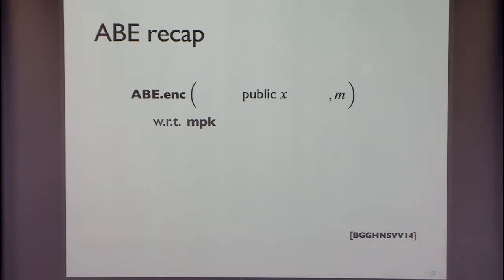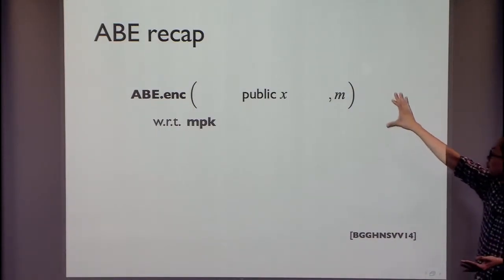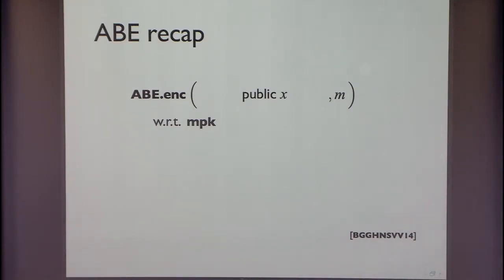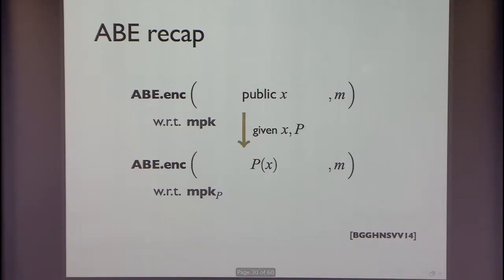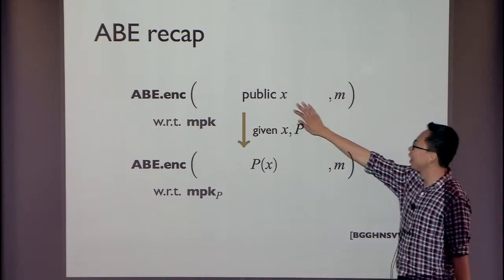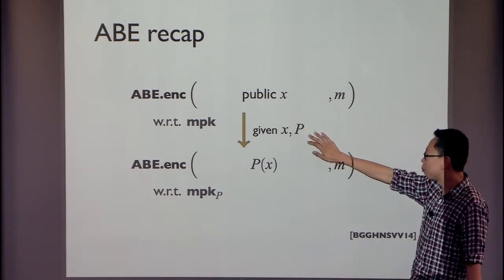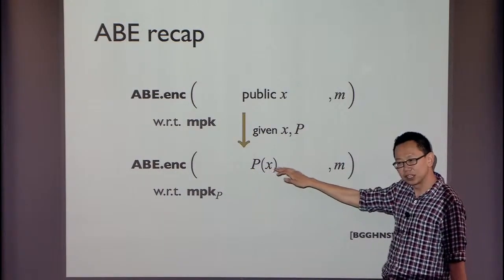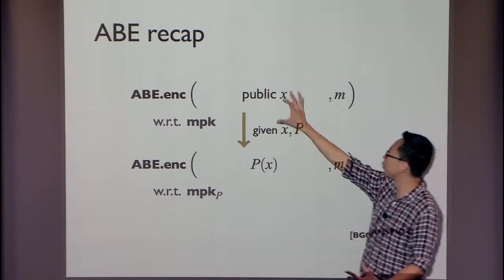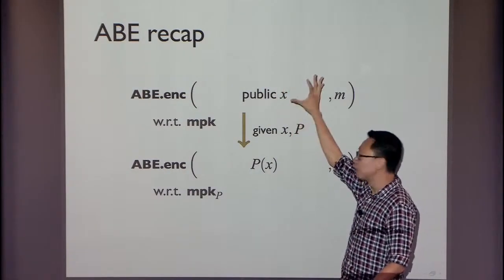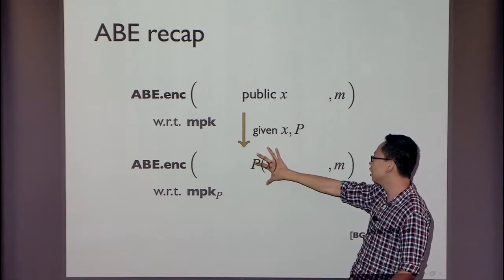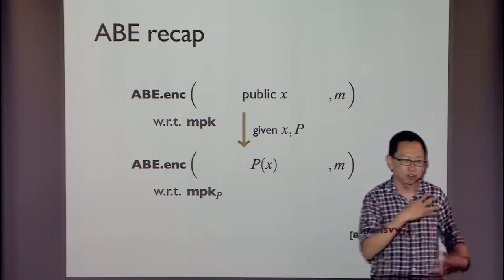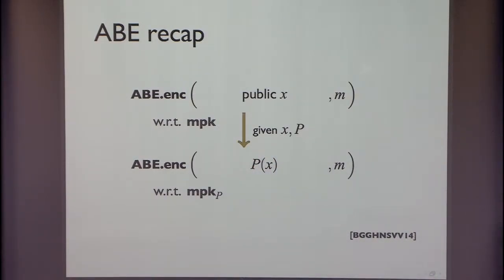As Vinod explained, the BGG+ ABE has a recoding property, namely that given an encryption for the attribute X, together with X in the clear and some predicate P in the clear, you can turn it into an encryption of the attribute P of X. You start out with the attribute being X, and you can turn it into P of X by performing public operations on the ciphertext.